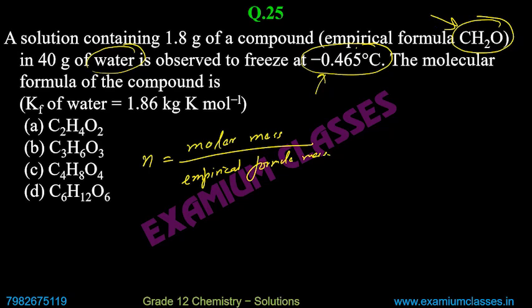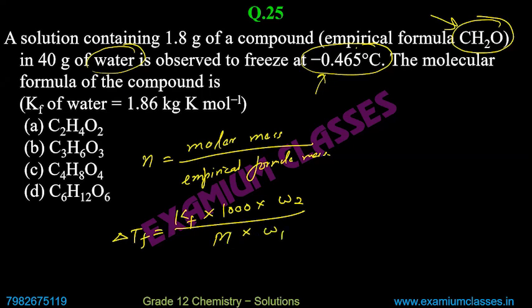How to calculate the molar mass? You know, delta TF equals KF into 1000 into W2 divided by M into W1. So from here, you will calculate M2. You will divide that by the empirical formula mass. Empirical formula is CH2O, so it will be 12 plus 2 plus 16, 30.